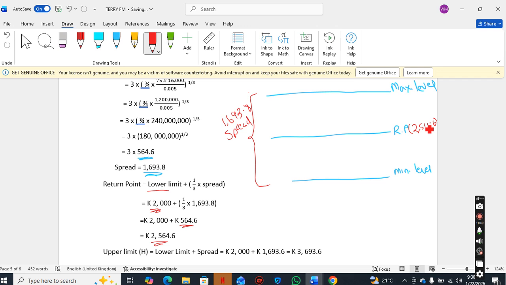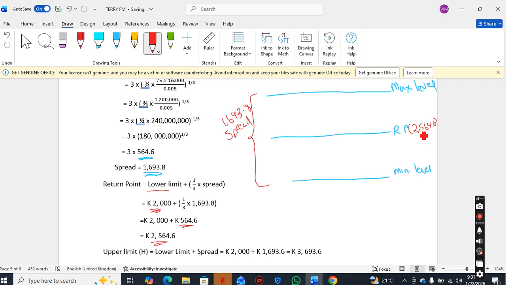You buy the marketable securities. If the money is below this amount, you need to sell those marketable securities so that you come back to this amount. I repeat, if the money in the account is greater than this amount, which is the return point, that extra money needs to be invested.